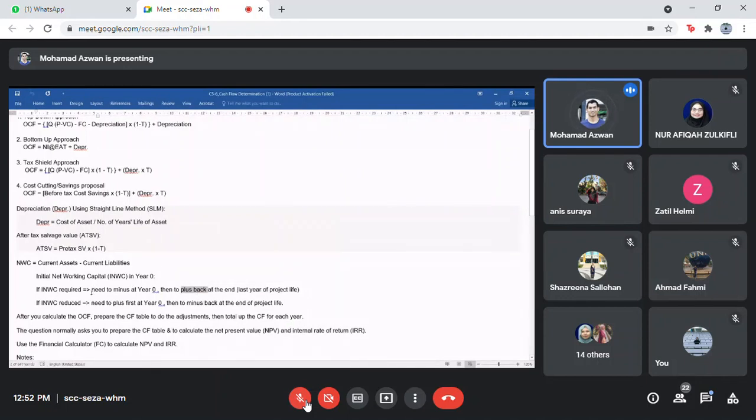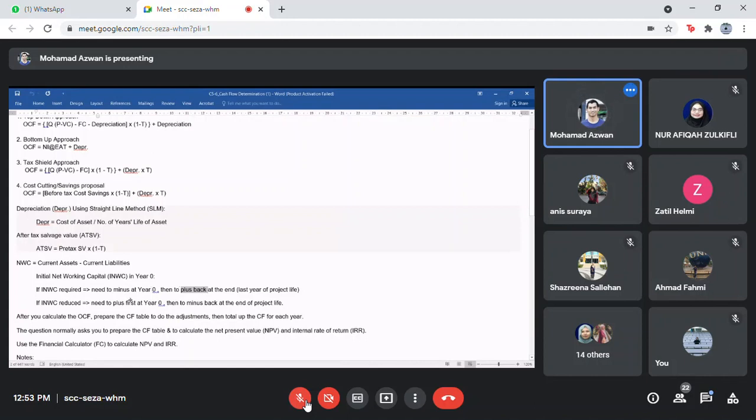For example, if the initial net working capital is 50,000 required, for year zero when they start the project we will minus the 50,000 first, and at the end of the project life, when the project finishes, we will plus back the amount.